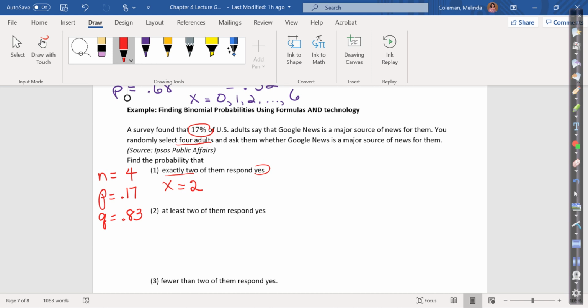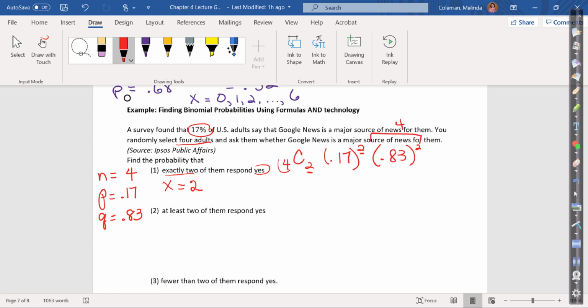So if I'm going to use my formula, I would have 4 combinations taken 2 at a time times my success, which is 0.17, raised to the second power. These two 2's match. Then my 0.83, also in this case raised to the second power, because these two have to equal 4.